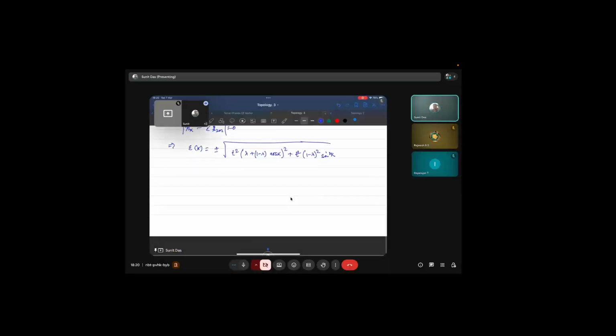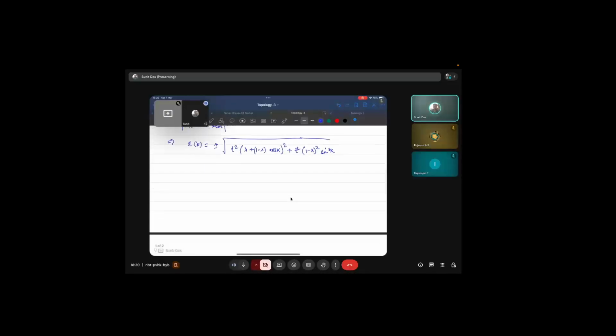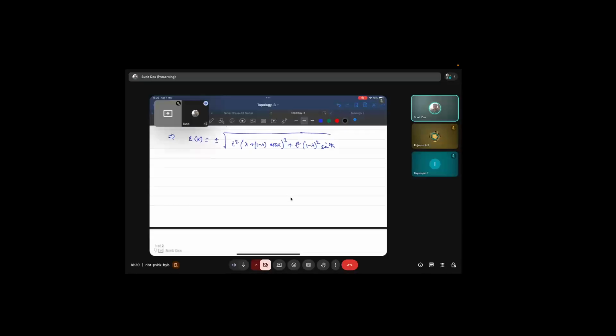Okay, so this will be the eigenvalues. Now let's separately see what is case 1 and what is case 2.